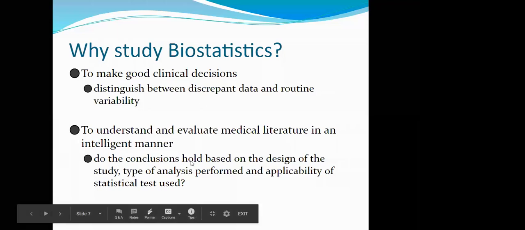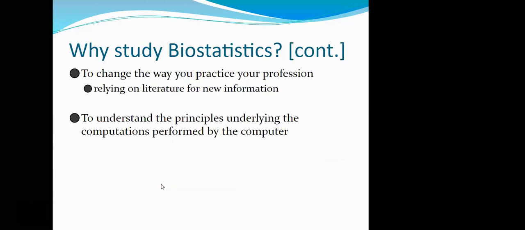Do the conclusions hold based on the design of the study, the type of analysis performed, and the applicability of the statistical tests used? Also, to change the way you practice your profession by relying on the literature for new information. Medicine is dynamic, things change, things are never constant, so you always have to rely on new information that is coming up. Then, to understand the principles underlying the computations performed by the computer.